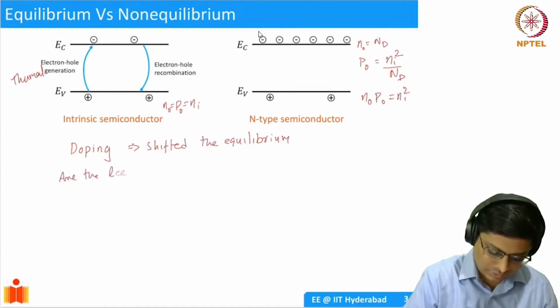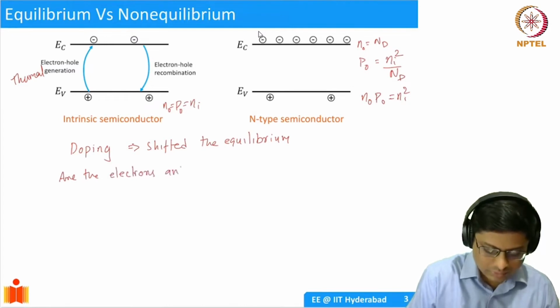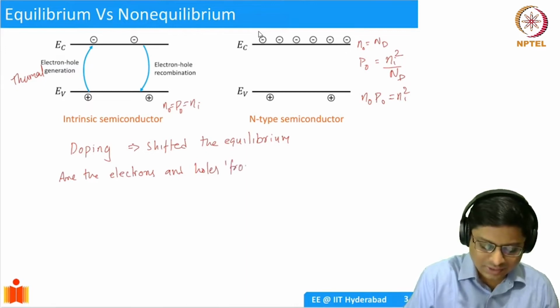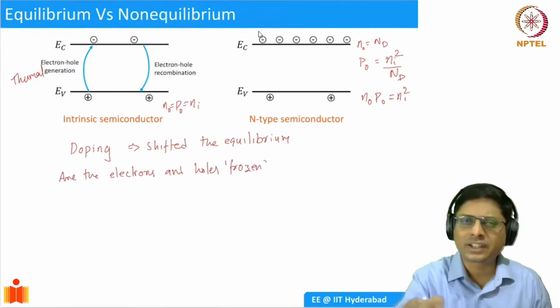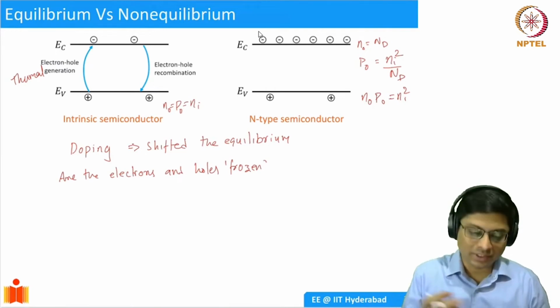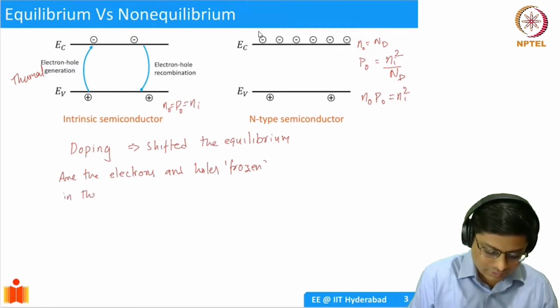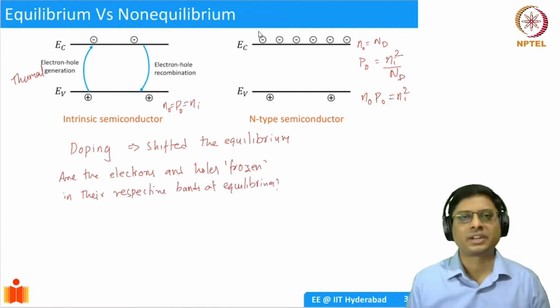Essentially, if you are able to identify a particular electron, will it always stay in the conduction band? A particular hole, will it always stay in the valence band? Are they frozen in their respective bands at equilibrium? That's the question we ask.